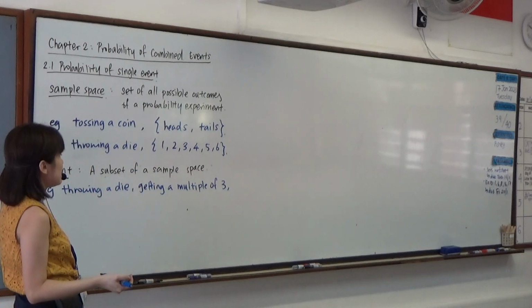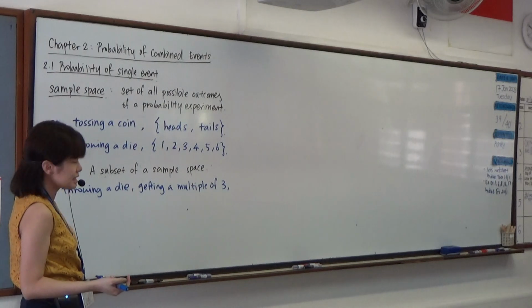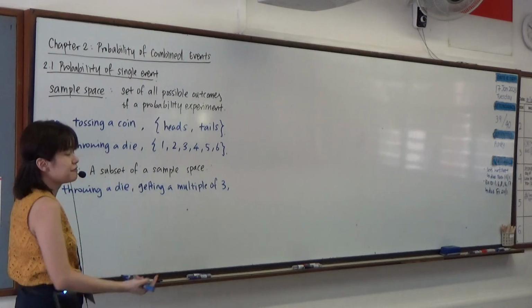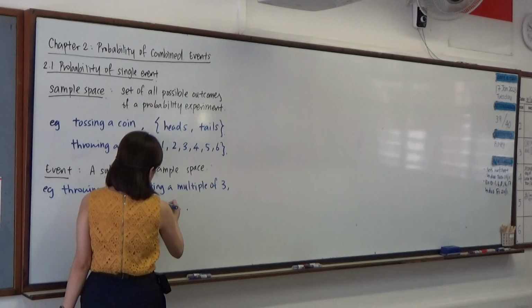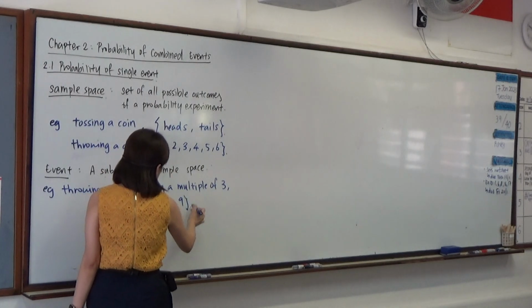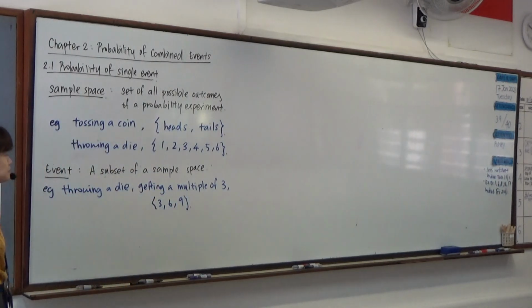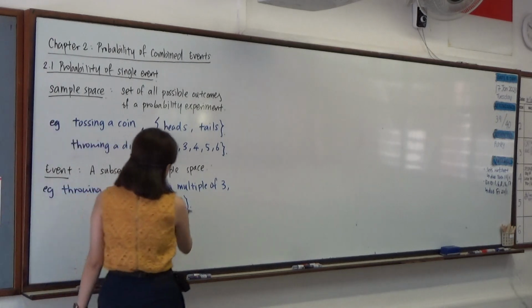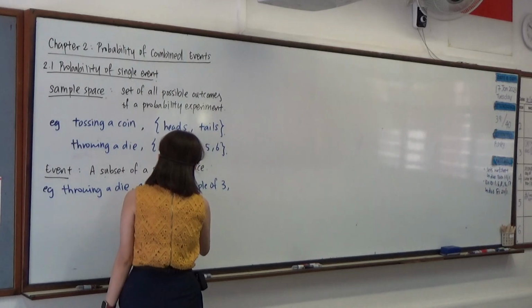The sample space itself is 1, 2, 3, 4, 5, 6. In this particular event, we are looking at getting the outcomes of 3 and 6. Sorry, thank you for pointing out 3 and 6.